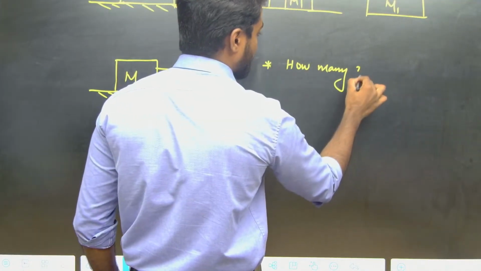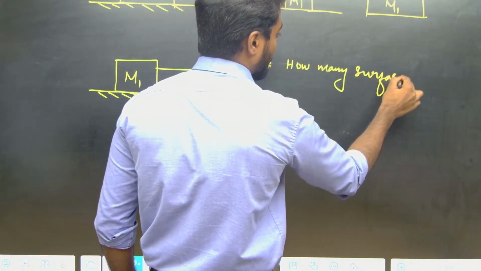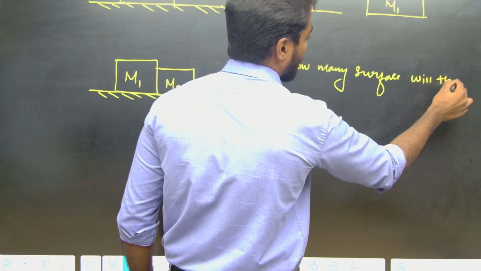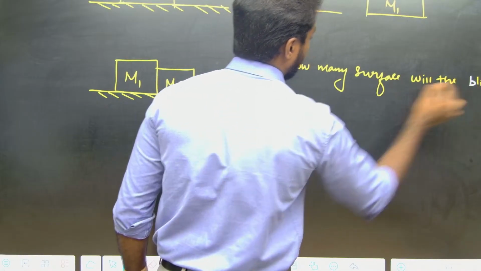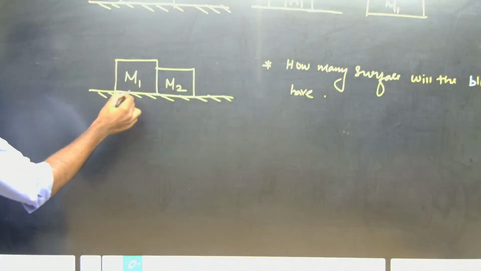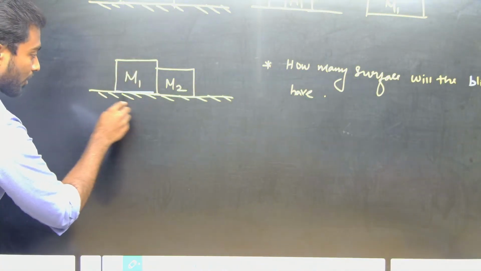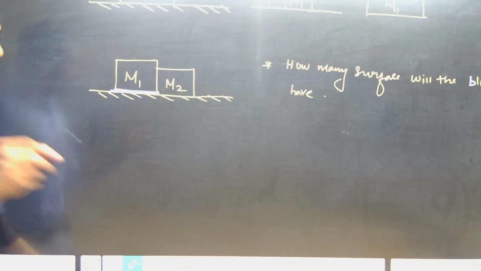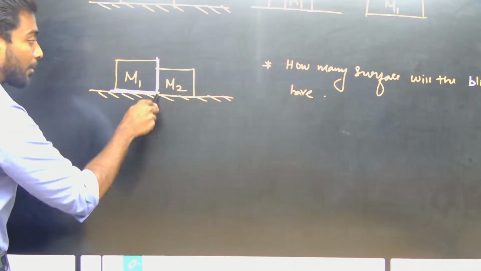How many surfaces are there for M1? One, this is my ground surface. One more is there, which is with M2.